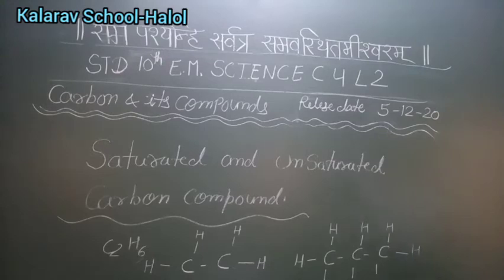There is no double bond. Now see here. You will see that the valencies of all atoms are satisfied by single bonds between them. Such carbon compounds are called saturated compounds. All these are examples of saturated compounds.